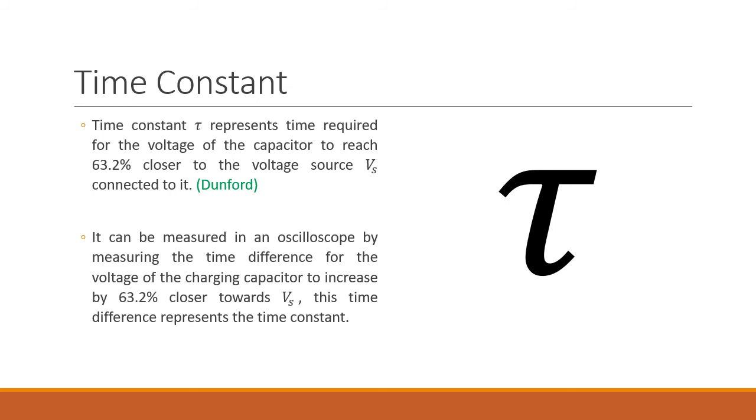It can be measured in an oscilloscope by measuring the time difference for the voltage of the charging capacitor to increase by 63.2% closer towards Vs. This time difference represents the time constant.